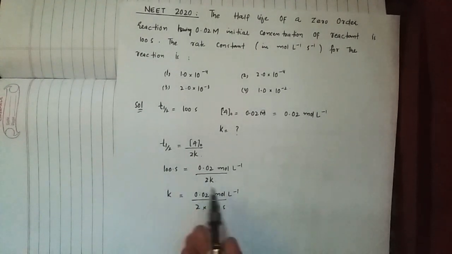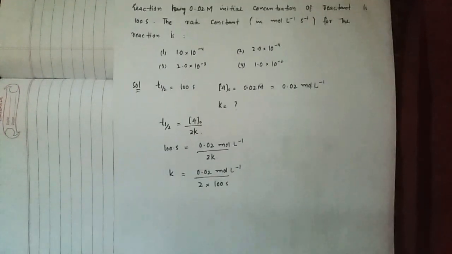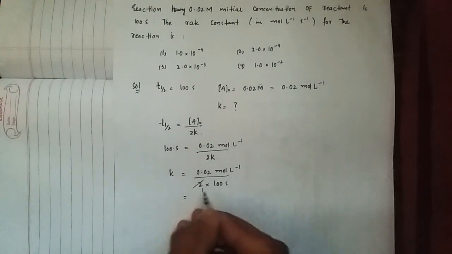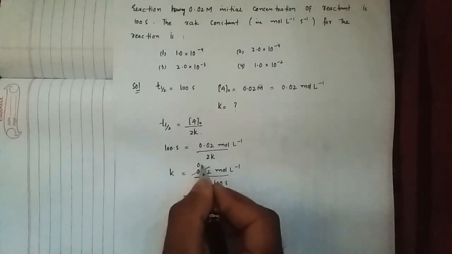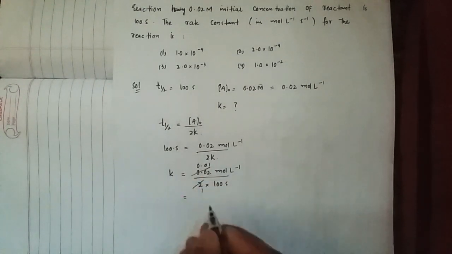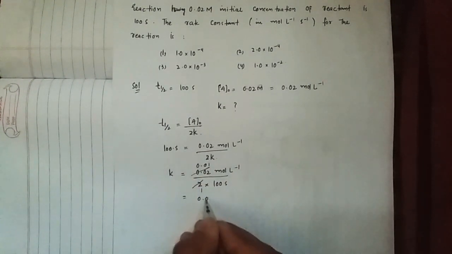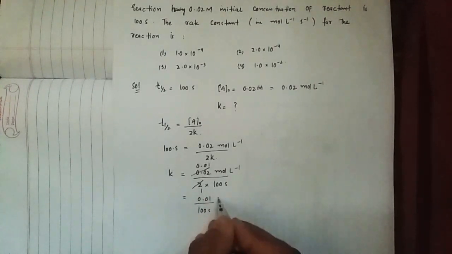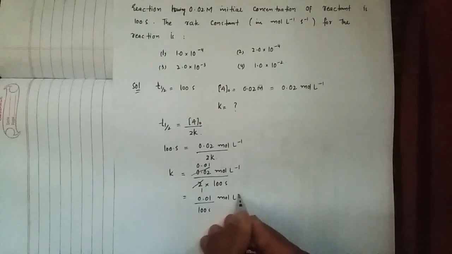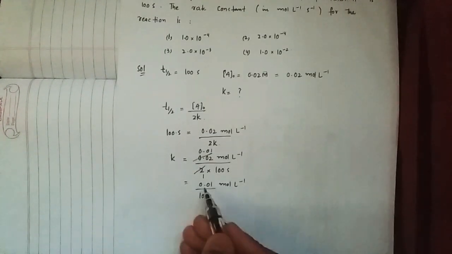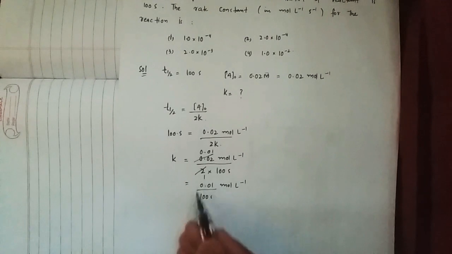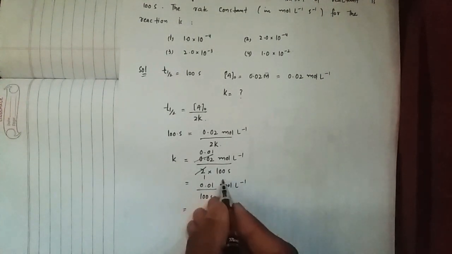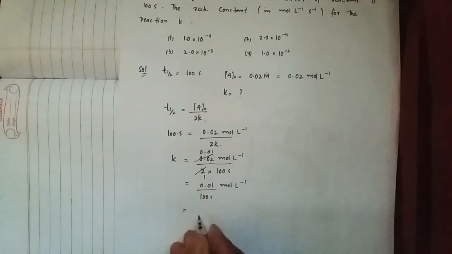We have simply rearranged this equation. Now we will solve. It will be 0.01 divided by 100 seconds, and in the numerator we have moles per liter. Now simply we have to solve this fraction. We will multiply by 100 in numerator as well as in denominator.